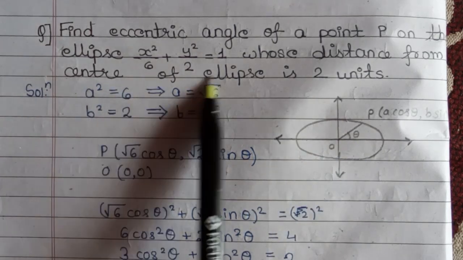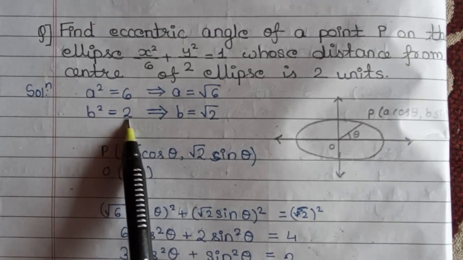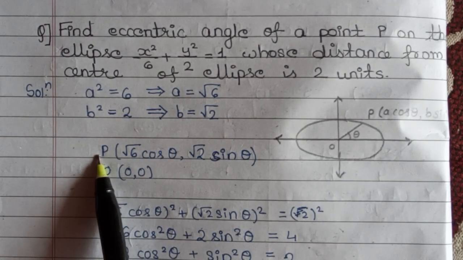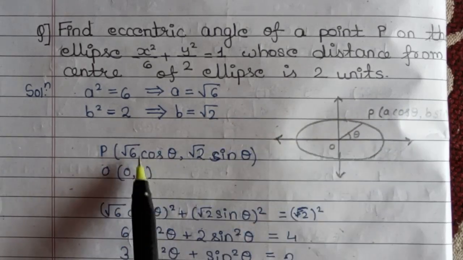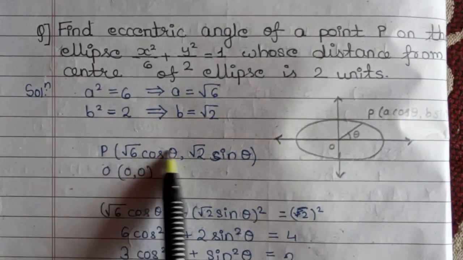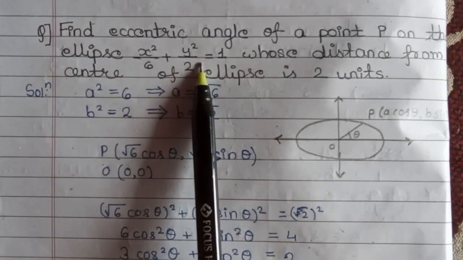So here from the equation we can see a square is 6, so a is root 6, and b square is 2, so b is root 2. The parametric point P has a cos theta and b sin theta. Putting the values of a and b here, you get root 6 cos theta and root 2 sin theta. Here we can see that the center is at origin.